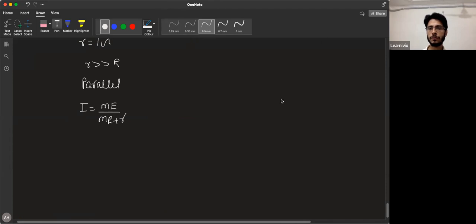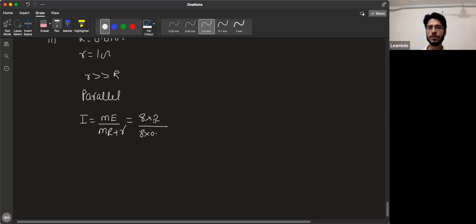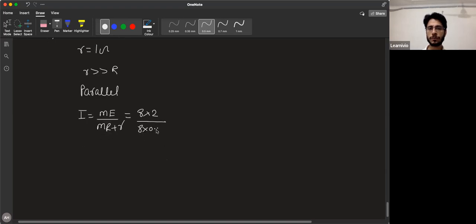They're identical cells in parallel, the number of cells. So the number of cells is 8. So it's 8 into 2 by (8 into capital R, which is 0.01, plus small r, which is 1). So you have 16 by 1.08 ampere. This is correct.